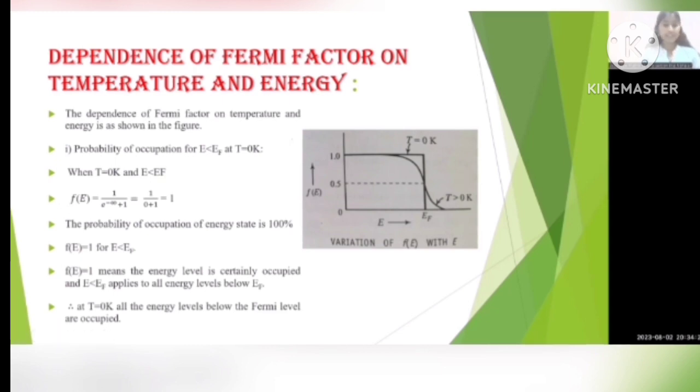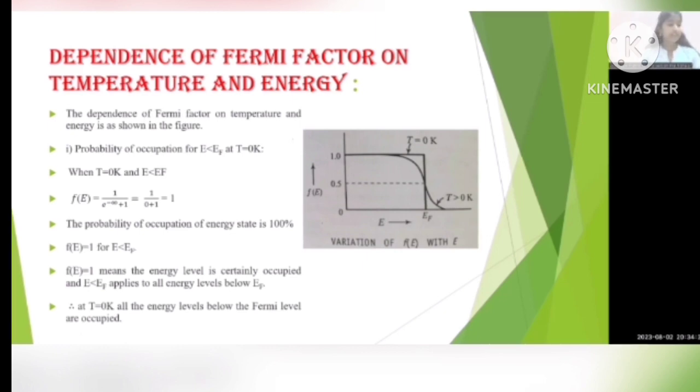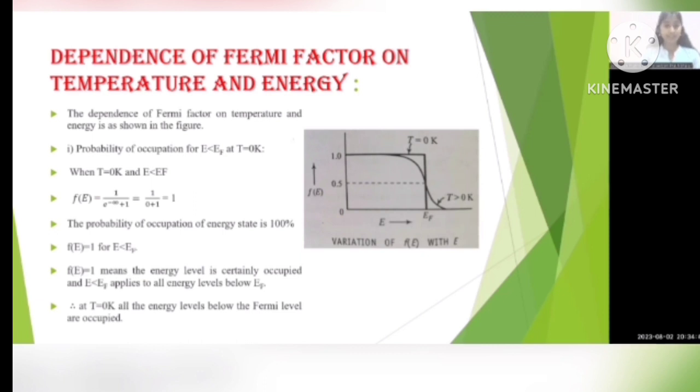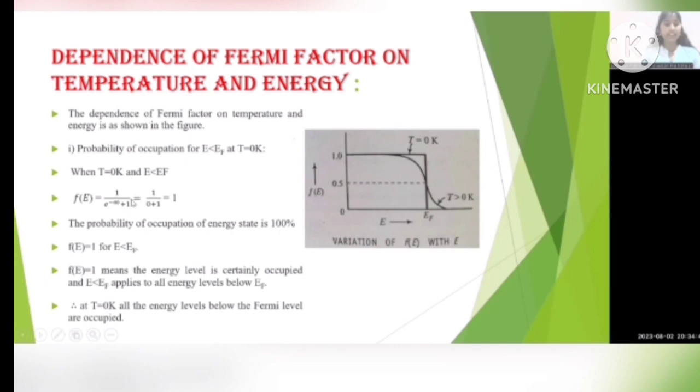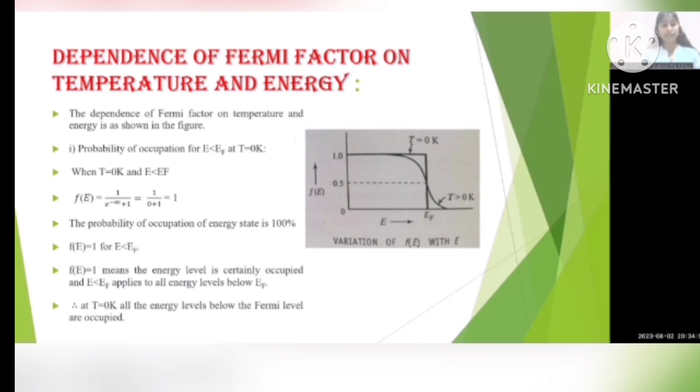At temperature equal to 0 Kelvin and E less than Ef, e^((E - Ef)/kT) equals e to the power minus infinity, which equals 0. Then we substitute that value in the given equation f(E) = 1 / (1 + e^((E - Ef)/kT)).